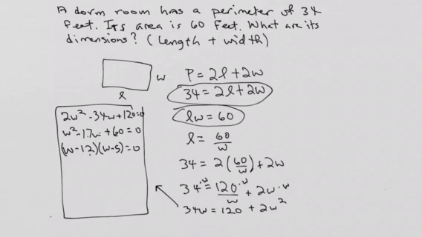So negative 12 and negative 5 multiply to be 60, and negative 12 and negative 5 add to be negative 17. That should not be there, that little dot. Oops.